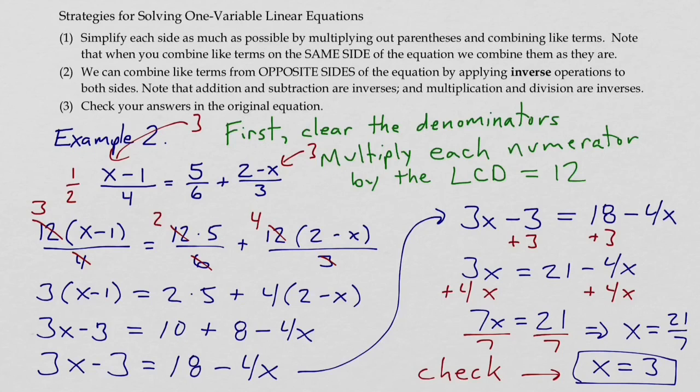And on the right-hand side, we end up with 5 over 6 plus negative 1 over 3. Negative 1 over 3 is the same as negative 2 over 6. If I subtract the 2 from the 5, we end up with 3 over 6, which is the same as 1/2. So it works. x equal to 3 makes both sides of the equation equal to 1/2.